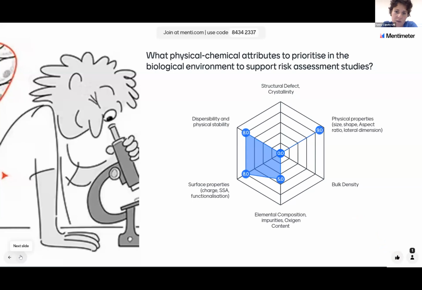So here it's the dispersibility and the physical stability, the surface properties, the elemental composition, the bulk density, physical properties, their size, the shape, the aspect ratio, and or the lateral dimension, or the structural properties and the crystallinity.